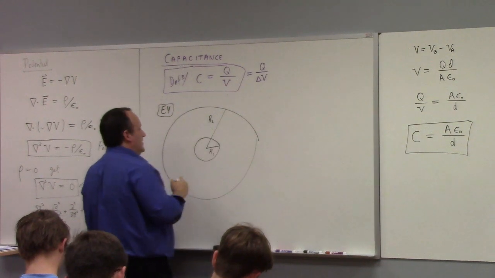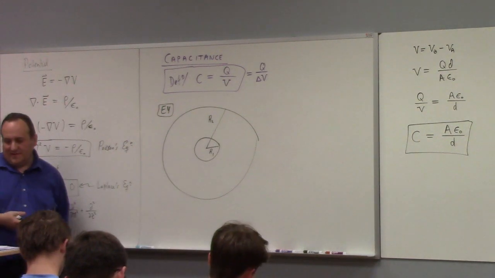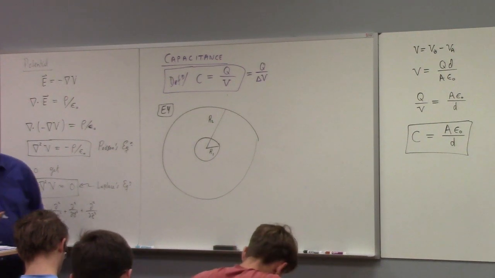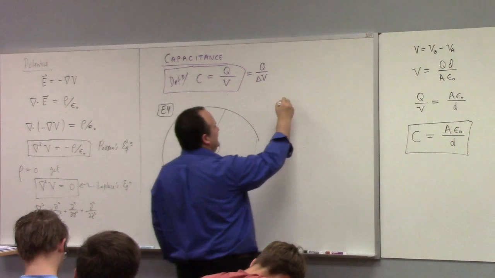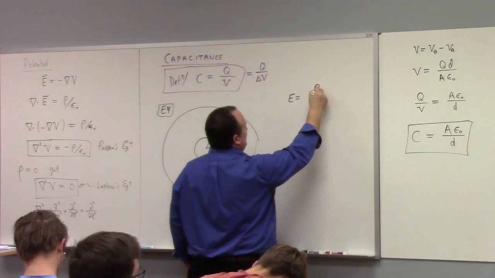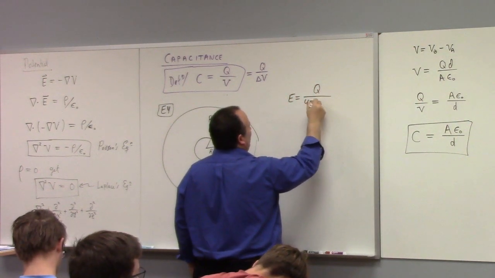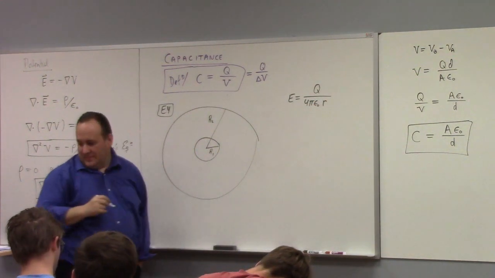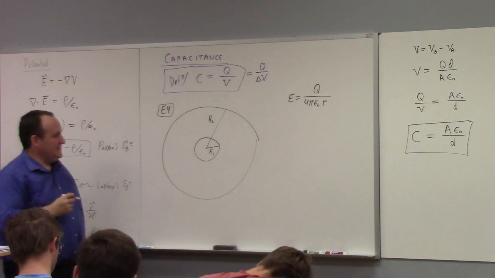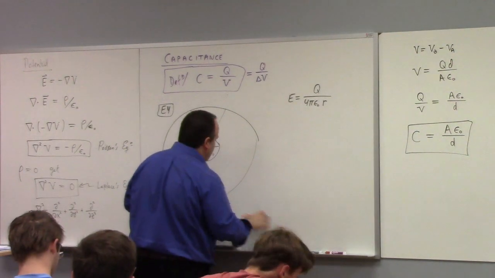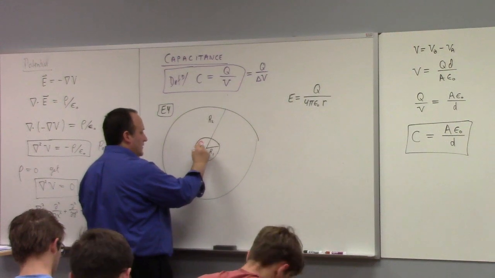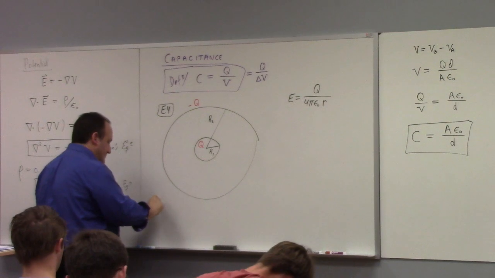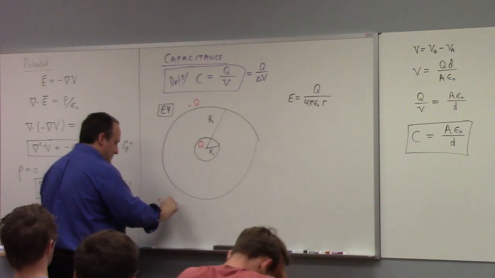There are some hideous typos on page 57 of my notes. I have E equal to Q over 4 pi epsilon naught R in the radial direction. So the deal here, guys, is we're putting Q on the inside sphere, and we're putting minus Q on the outside sphere. So anybody care to make a correction?